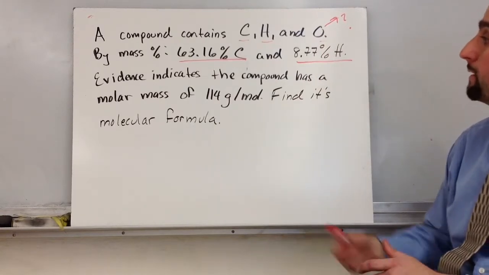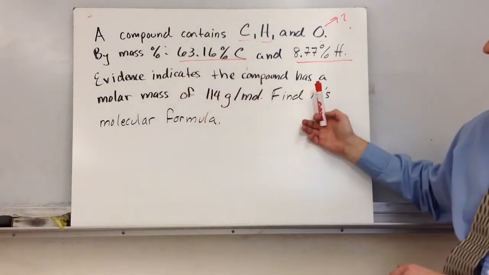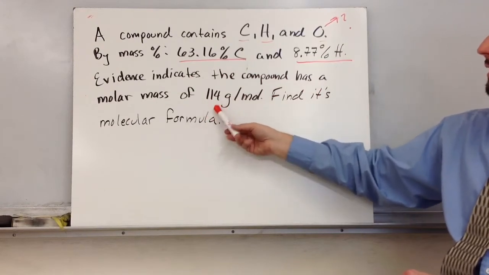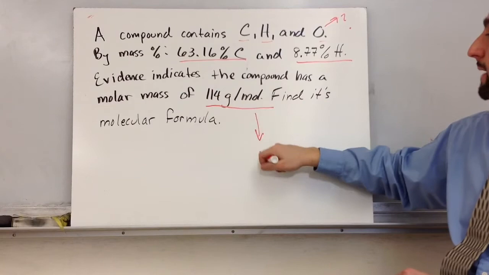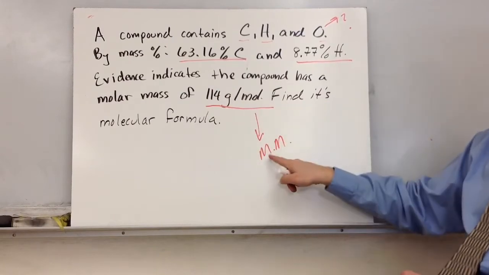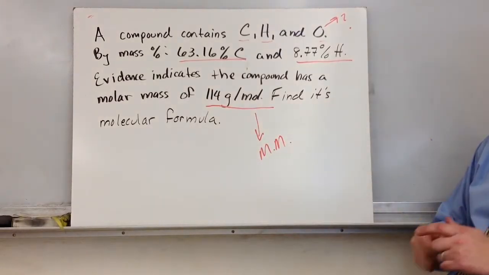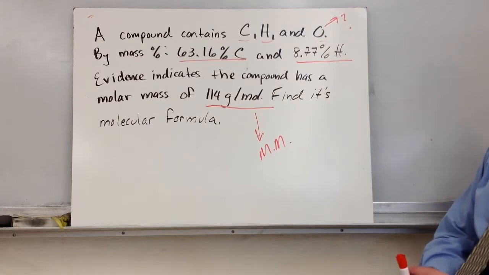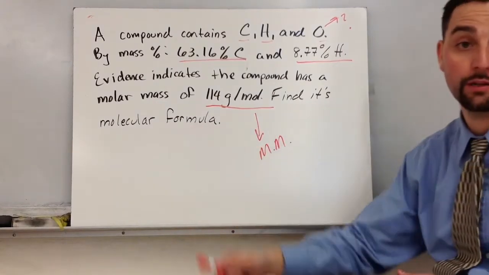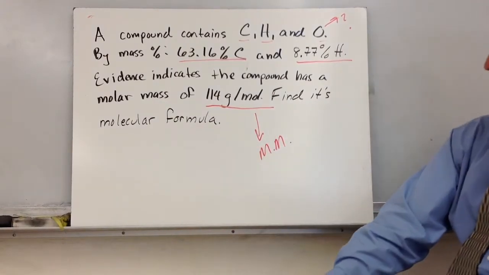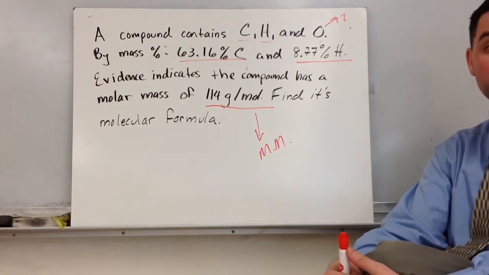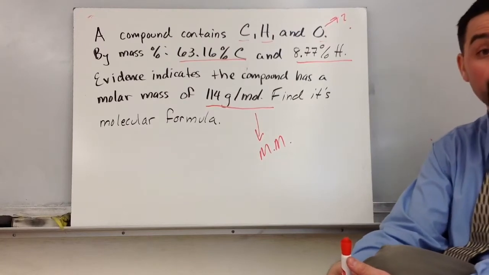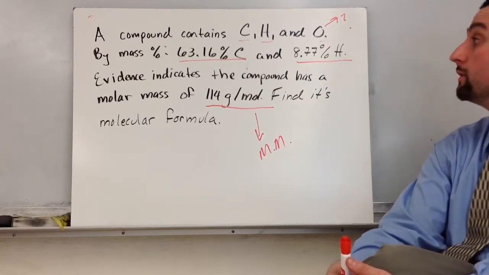Evidence indicates that the compound has a molar mass of 114 grams per mole. So this is the molar mass of the molecular formula, and that's what they want us to find. What's the molecular formula? So I look at this problem and I think to myself, I don't have a specific amount. They don't give me grams, they only give me percentages.